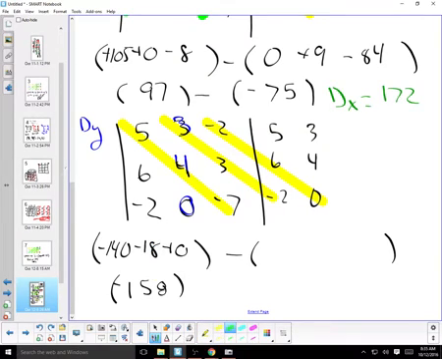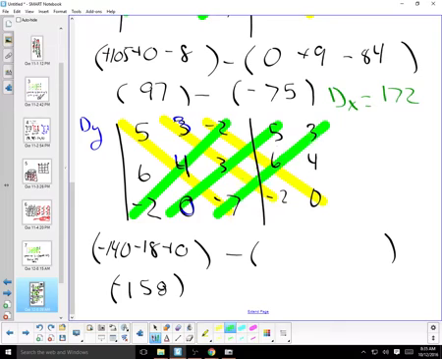The other diagonals. 1, 2, 3. 2 times 4 is negative 8. Negative 8 times 2 is a positive 16. And then I've got 0. 7 times 6 times 3.